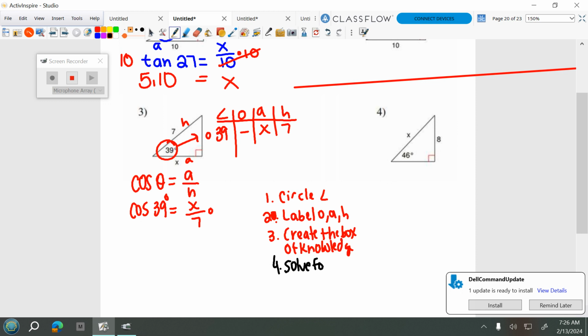Just a hint here: if it's x divided by a number, then you multiply the number on both sides. If it's a number divided by x, we do something called switching, which we're going to see in a minute. But here we multiply this number on both sides. This cancels, and x equals 7 times cosine of 39 degrees. Put it in my calculator.